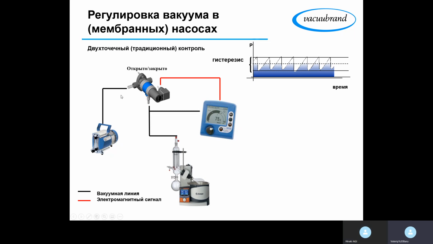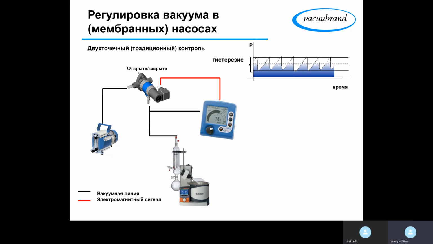It opens the valve, the vacuum goes down to 75 millibars, and then it has to close the valve again. And in this case, it will open and close the valve every second.